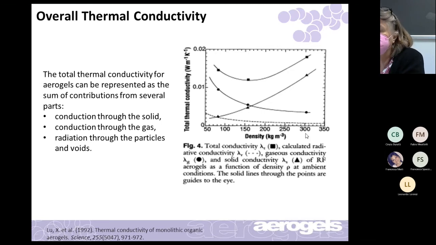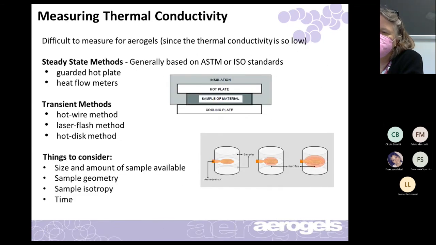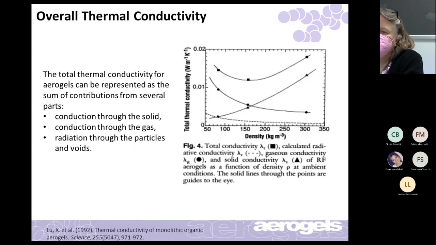You have the gaseous phase, which is shown here. As a material gets more dense, the gaseous conductivity decreases because there's more solid in it. The solid conductivity, which is this line with the triangles, increases with density, which makes more sense. You have more material, so heat goes through.